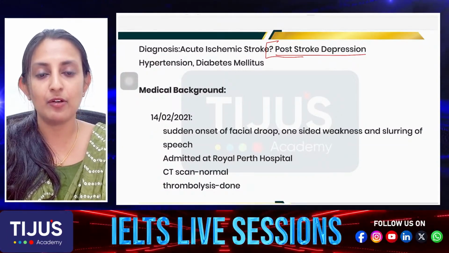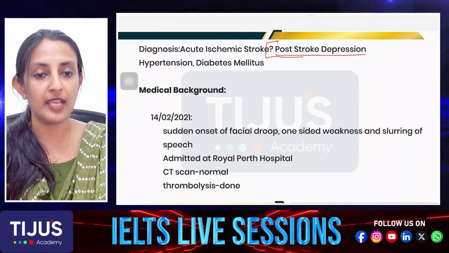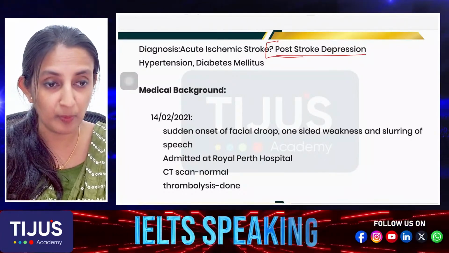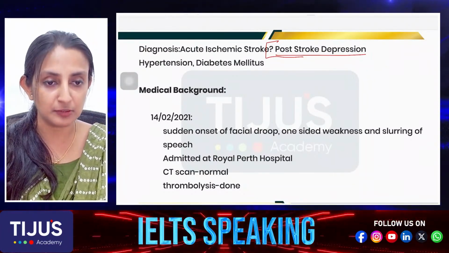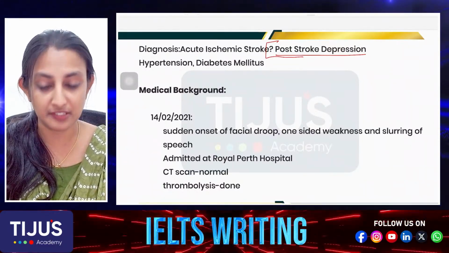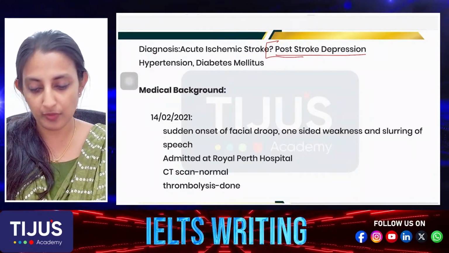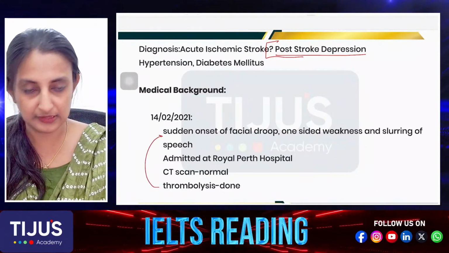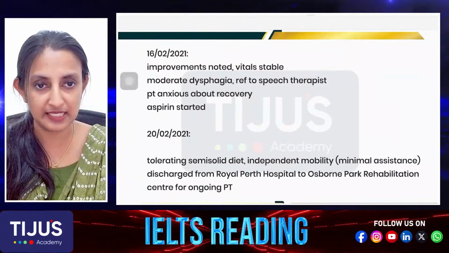The medical background says that in the month of February, the patient came with a sudden onset of facial droop, one-sided weakness and slurring of speech, and was admitted to the hospital. The CT scan was normal, and thrombolysis was done. So when he came with the stroke, we managed him with thrombolysis.